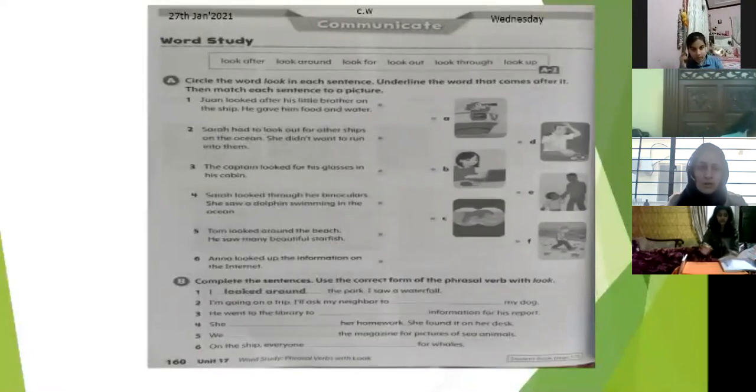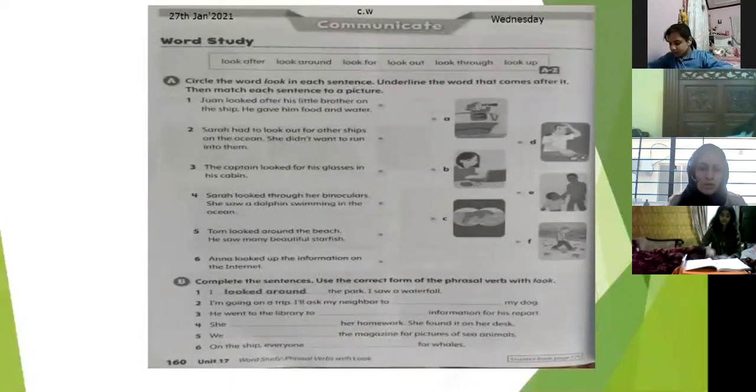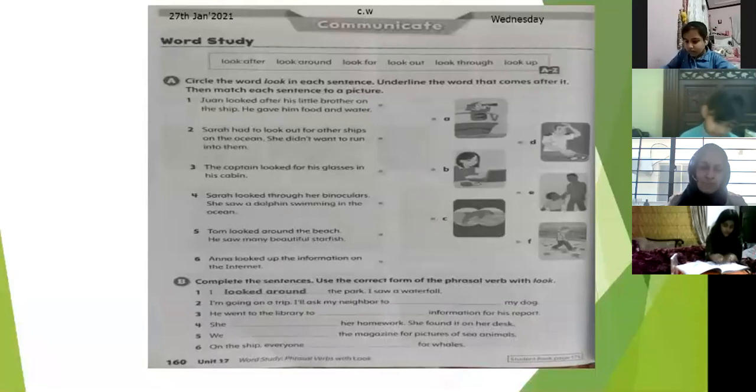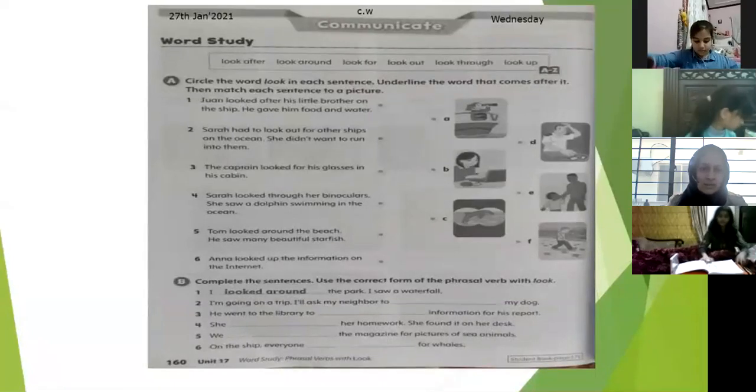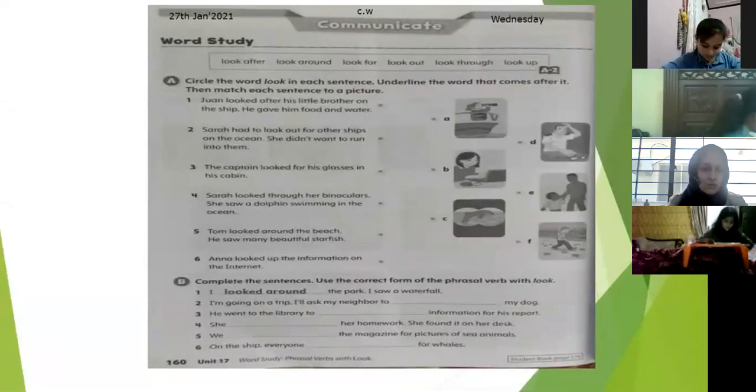First of all, you see these words again. These are all phrasal verbs. Look after, look around, look for, look out, look through, and look up. You have to use these words on this whole page, okay? So A part is circle the word look in each sentence. So please listen to the instructions, all of you.